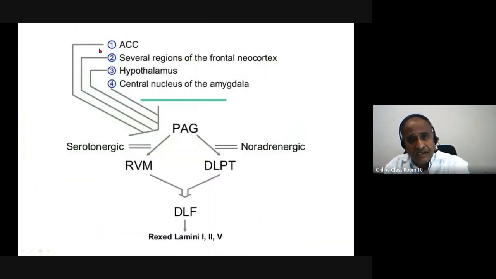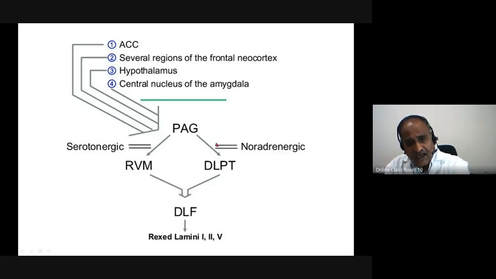Now, this is what I have mentioned. The periaqueductal gray receives input from the anterior cingulate cortex, the frontal cortex, the hypothalamus, the central nucleus of the amygdala, and all these reach the periaqueductal gray. Through the serotonergic projections, they reach the rostroventral medulla, and that descends down the reticulospinal tract to the lamina 5 target neurons.